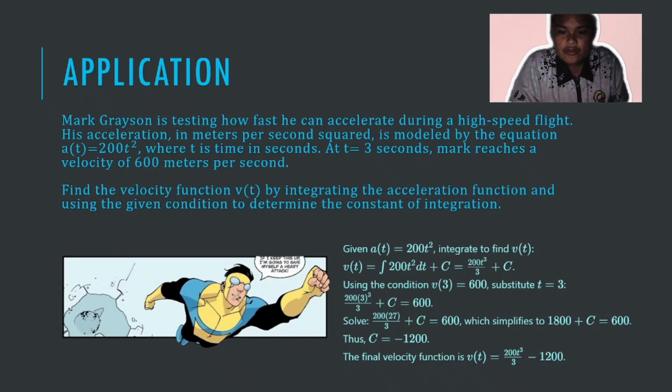And then after solving for that, we find that c is equals to negative 1,200. So, our final velocity function is v(t) is equals to 200t cubed over 3 minus 1,200.